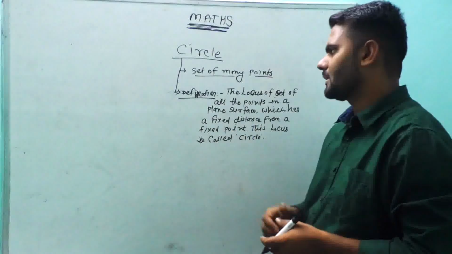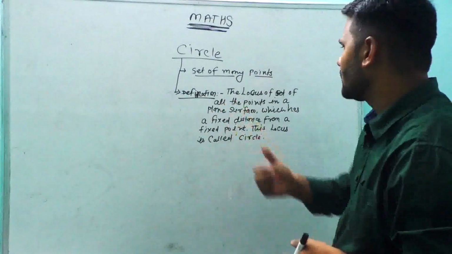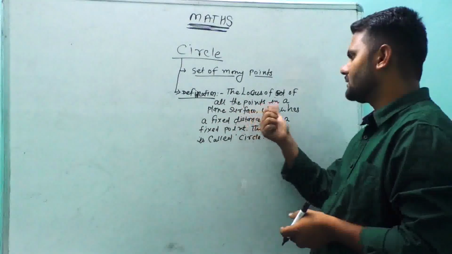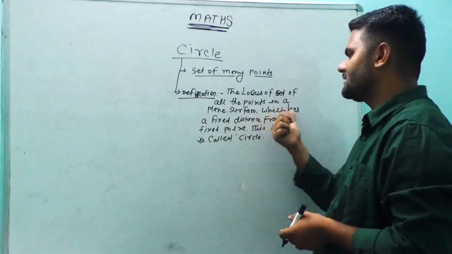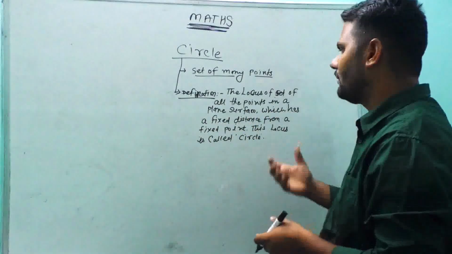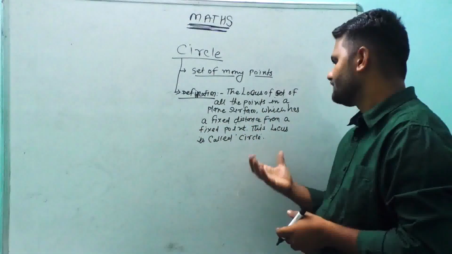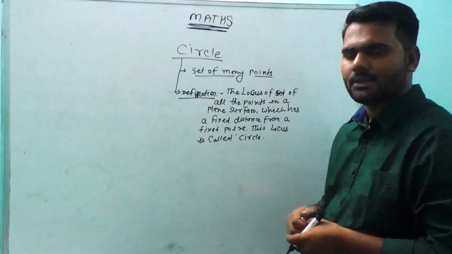The definition of the circle is this: the locus of the set of all the points in a plane surface which has a fixed distance from a fixed point. This locus is called a circle.